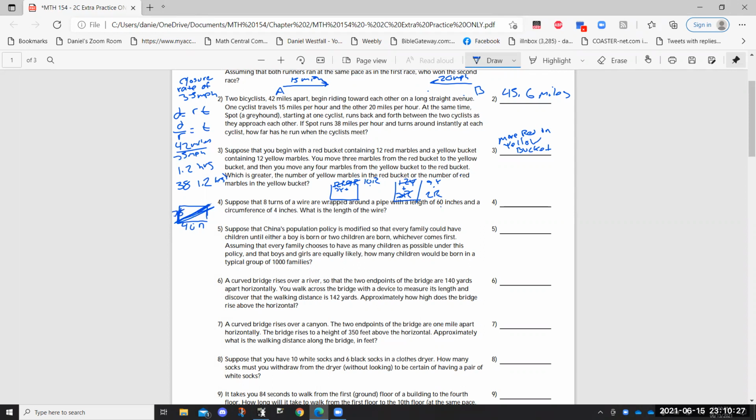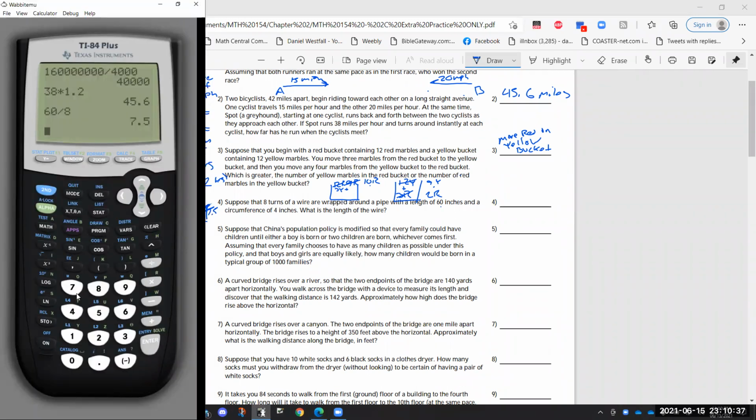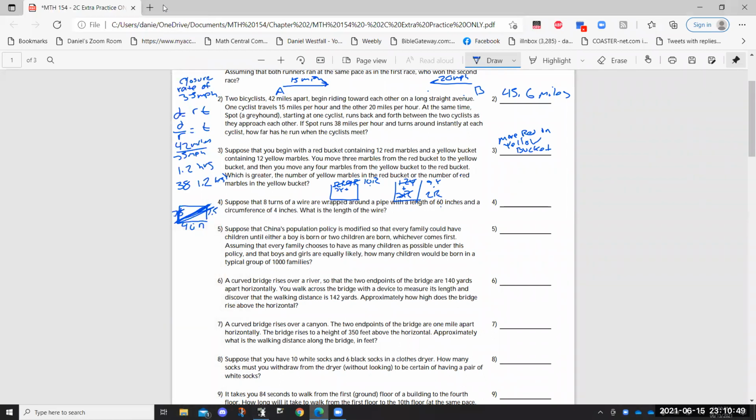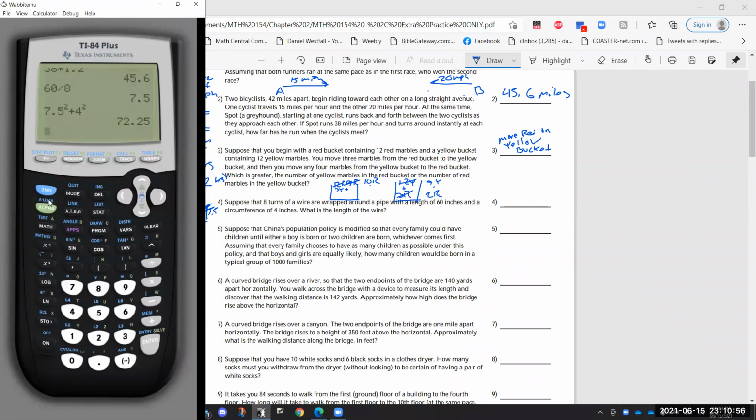And I want to find, Pythagorean theorem, I want to find this side of the rectangle. So that's going to be 7.5 squared plus 4 squared, which is 72.25. That's going to be that side squared. So I need to take the square root of that, because a squared plus b squared equals c squared.